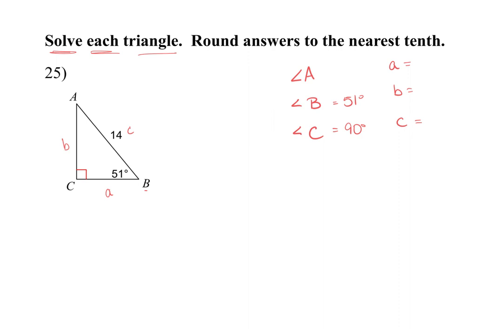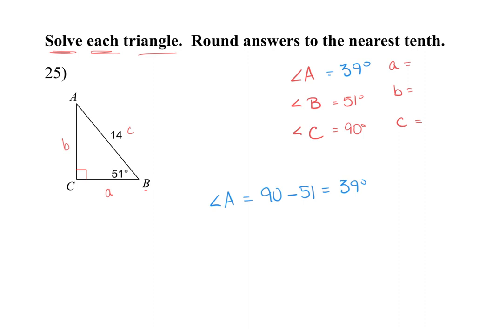To find what my A angle is, it's just going to be 90 degrees minus the B angle. So I can just subtract and figure out what that one is. No trig involved. Literally just subtraction, all right?